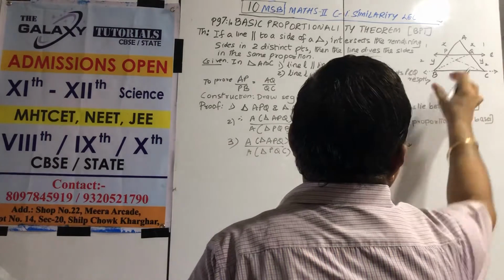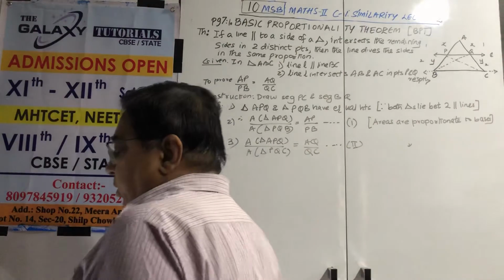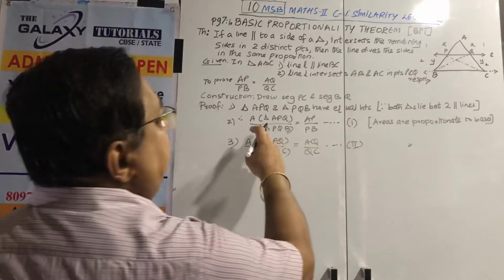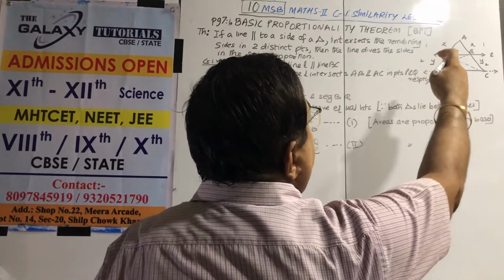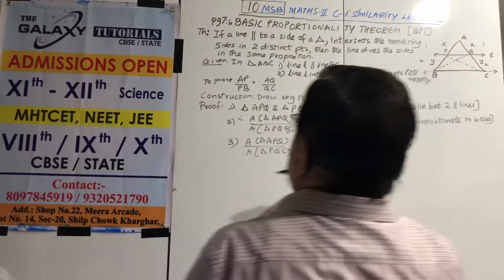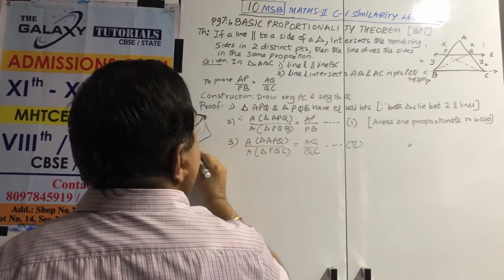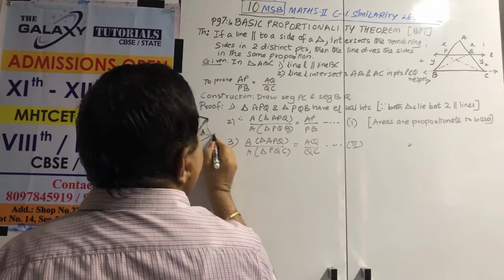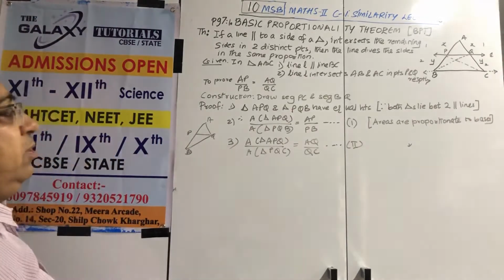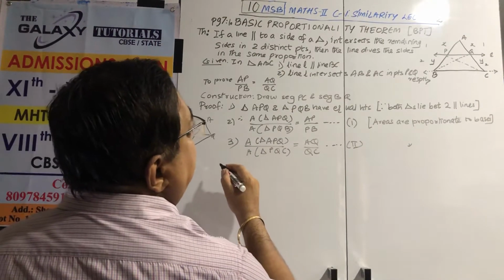Reason same. So we take the side triangles or we take the other triangles, we get 2 pairs. Please have a look, my friends. The first one is APQ and PQB. The first we have taken are these triangles. And in the second case, we are taking APQ and PQC.